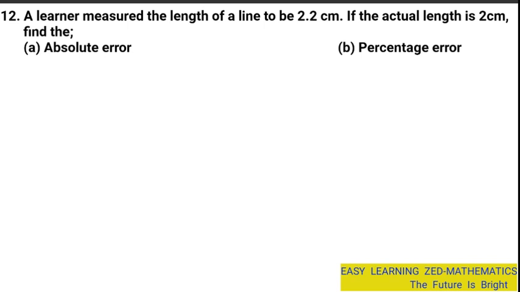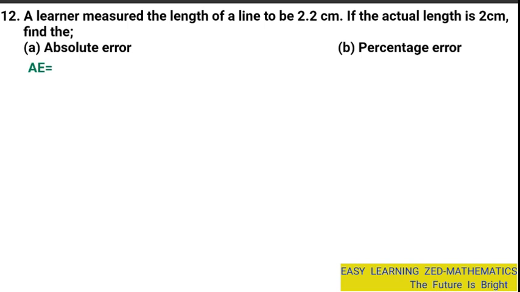So you need to find the absolute error as well as the percentage error. Let's start with A, which is absolute error. How do you find the absolute error? To find the absolute error, we write AE. That is absolute error, A from absolute, E from error.